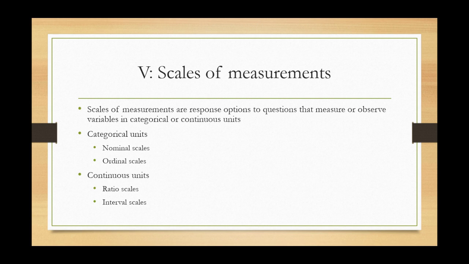In nominal scales, researchers provide response options where participants can check one or more categories that describe their traits, attributes, or characteristics. So we use nominal scales to provide response options where the participant checks, are you male or female? Then a participant can check whether he is male or female.